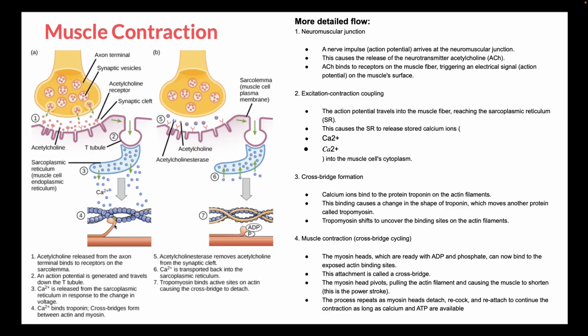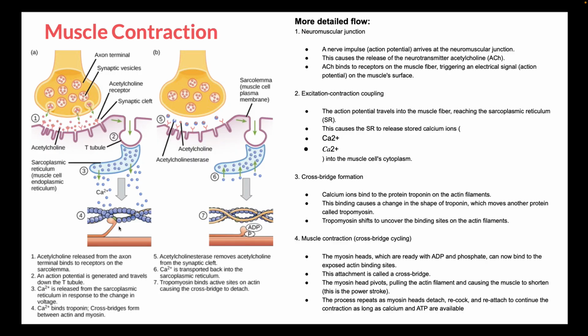Once it is pulled away, the actin binding site is exposed. Now ATP, which is energy, binds to the myosin head, causing it to energize. Once it energizes, it will try to bind to the actin binding site.